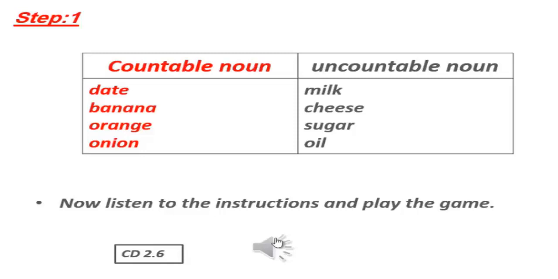Beans. A tomato. Bread. A glass of water. Orange juice. Rice. A coconut. Okay.